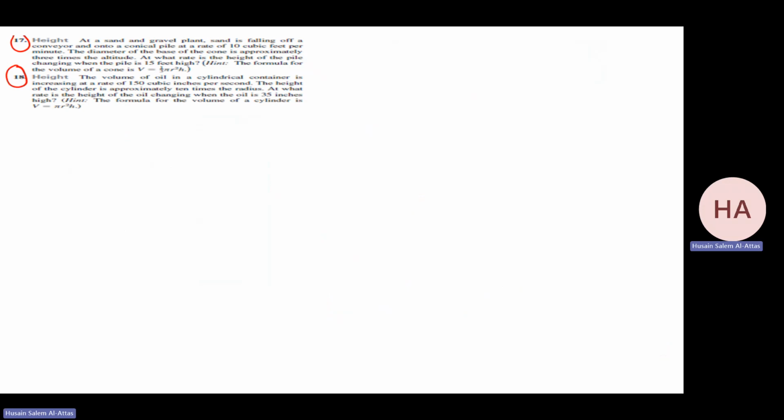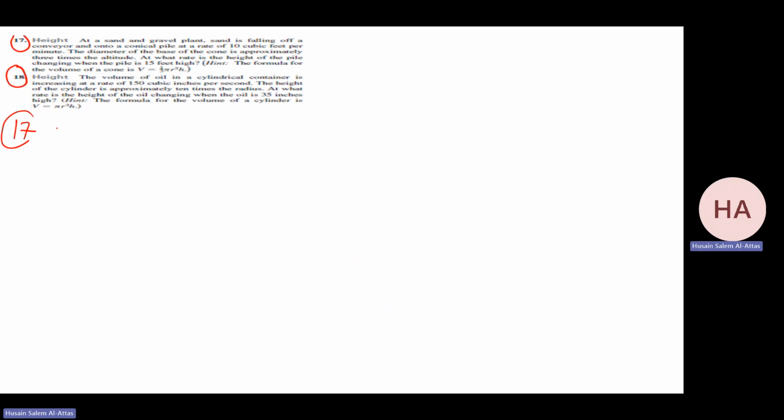Okay, next one, which is the last problem of this volume topic. Sand is falling off a conveyor and into a pile, okay, so it's making a new pile. So it's positive dV by dt. We'll do 17 and 18. One is the cone, one is the cylinder.